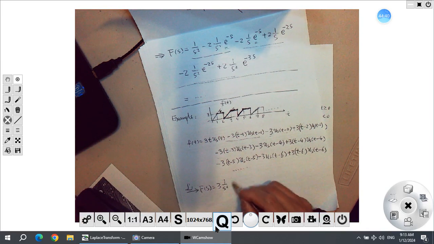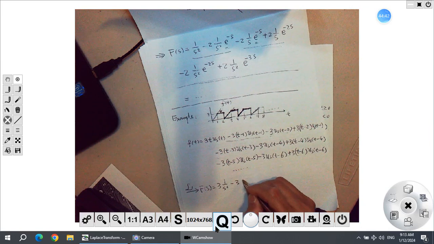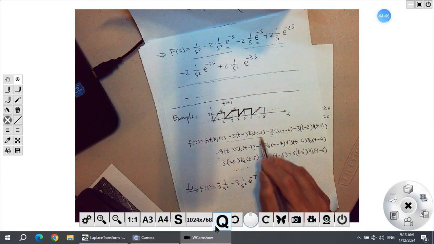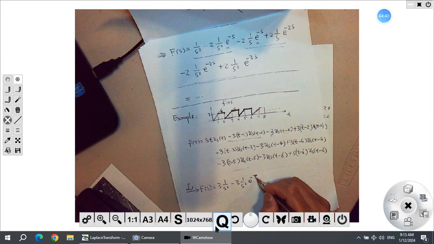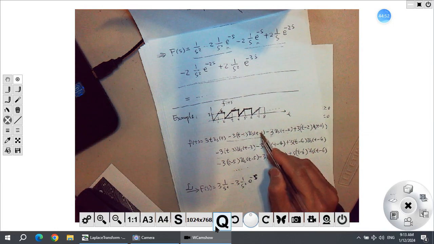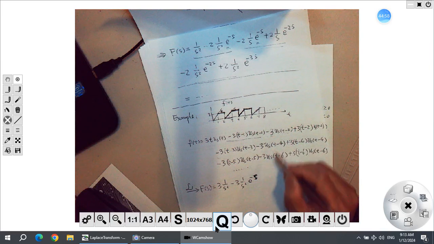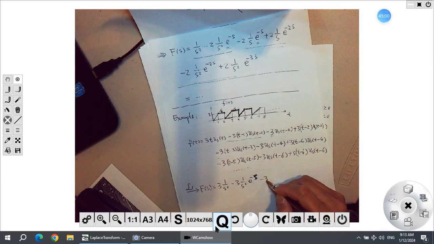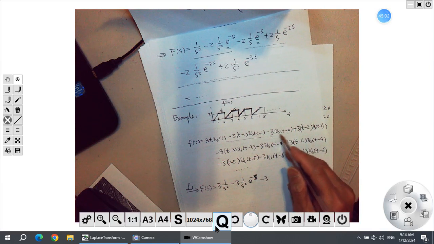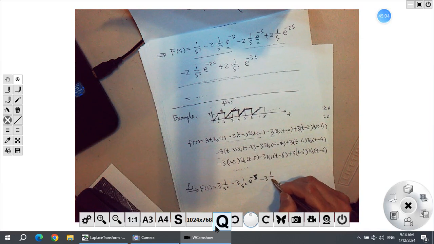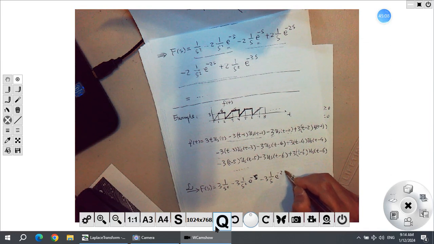Second term is minus 3 times 1 over s squared with e to the negative capital T s, but capital T is 1, so just e to the negative s. Next term is a minus 3. This is a unit step, right? So 1 over s, and shifted by 2, so e to the negative 2s.